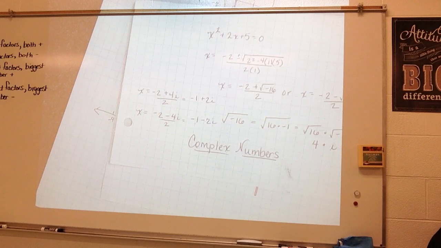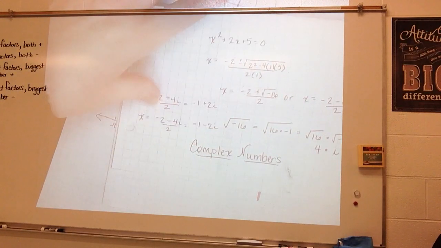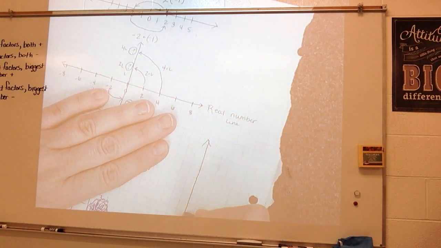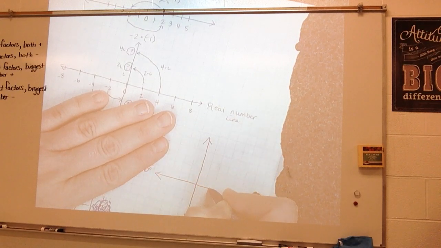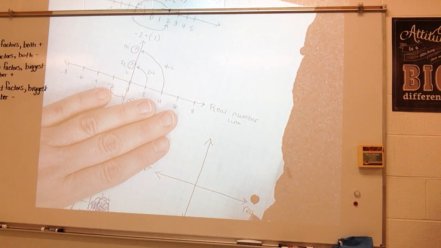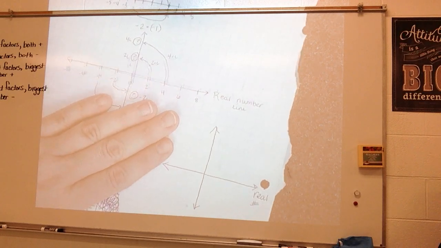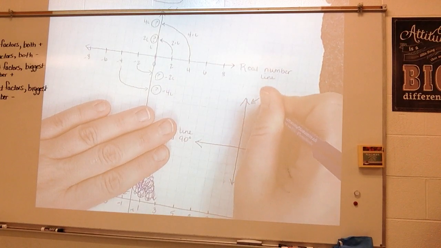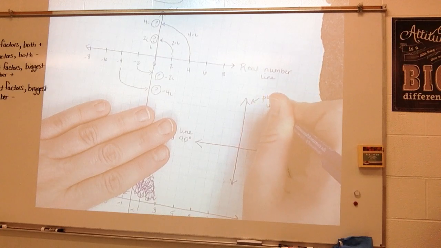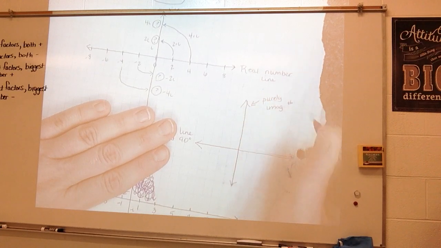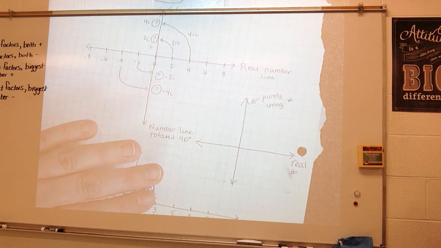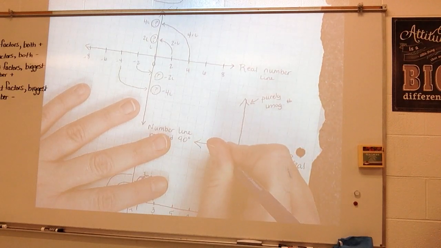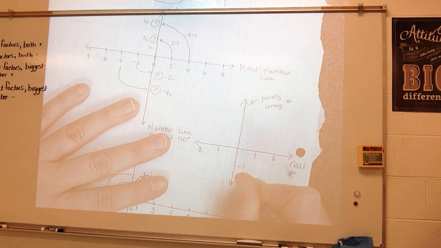Alright, and we can locate those in what we call the complex plane. So if I look at a complex plane, these are our real number solutions. Our real numbers are here. And these are what we call purely imaginary numbers. So, I've got 1, 2, negative 1, negative 2.